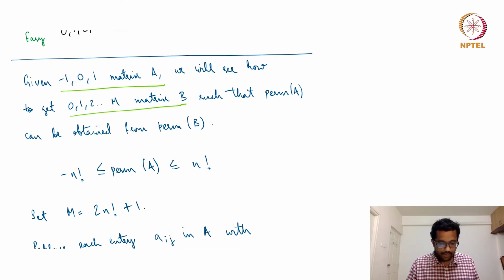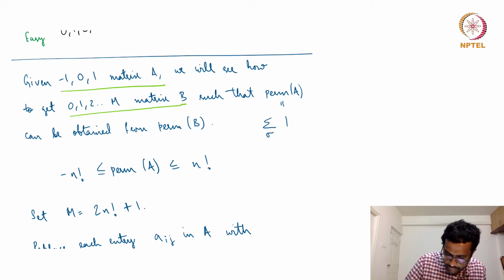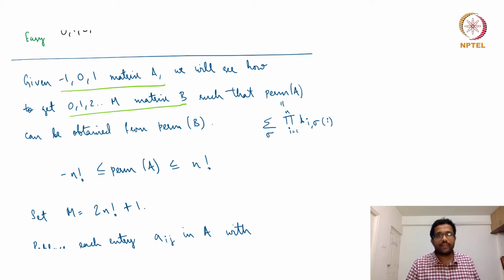Notice that a permanent is a summation. The permanent is the summation over all permutations sigma, of the product over i equal to 1 to n of a_{i,sigma(i)}. Since we are dealing with matrices of -1, 0, 1, the products will be either 1, 0 or -1.